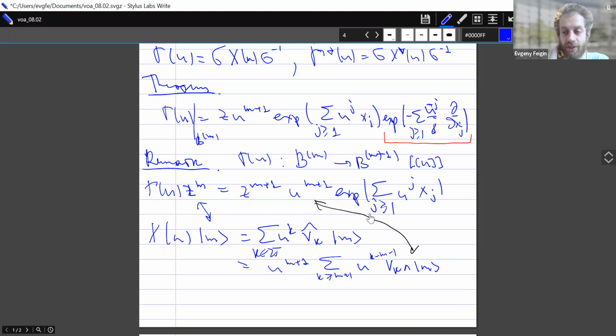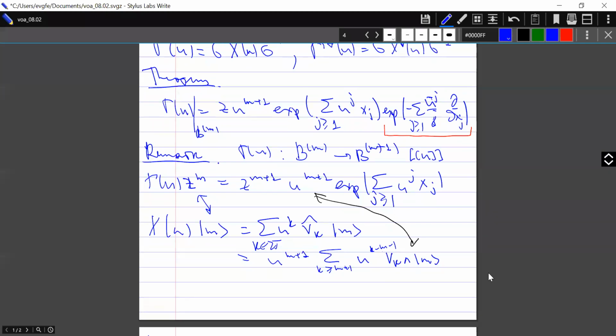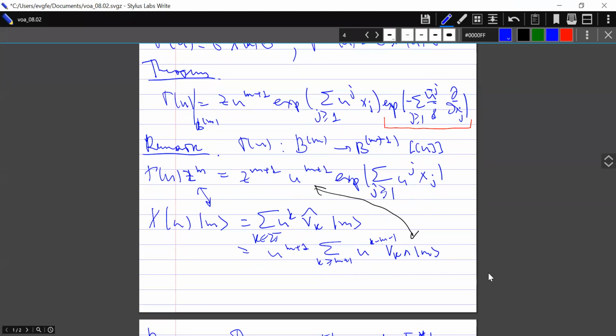Do you have any questions concerning this boson fermion correspondence, these vertex operators, and so on? Yeah, sorry, about what's now written on the board. How do we see that those are the same expression, that those are related by sigma? Like in B and in F. For gamma of u of z to the power m and x of u of the vector m.